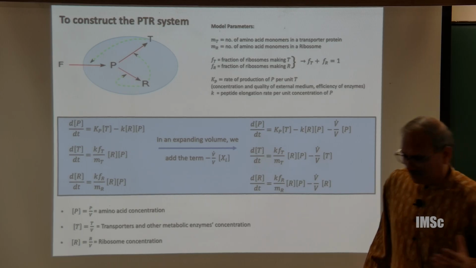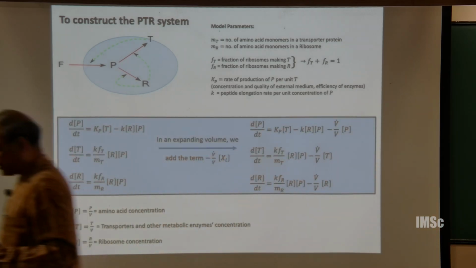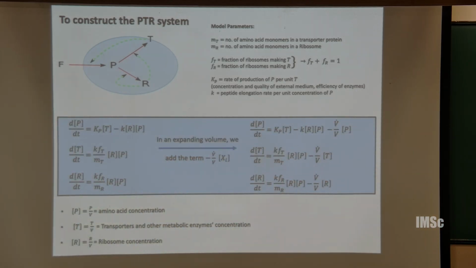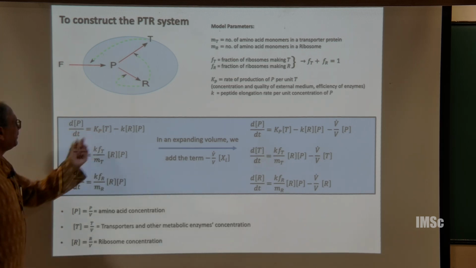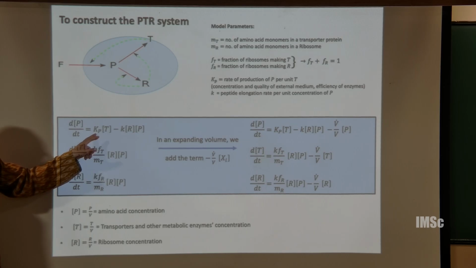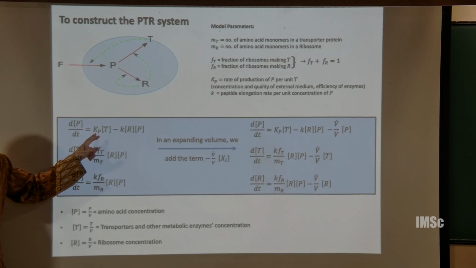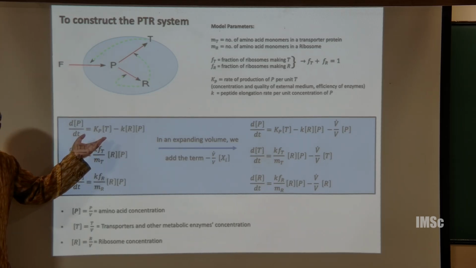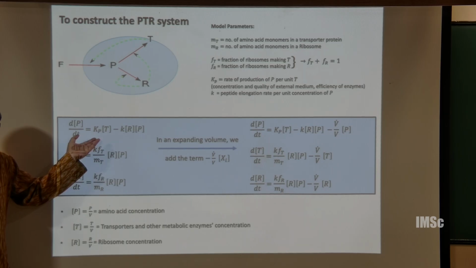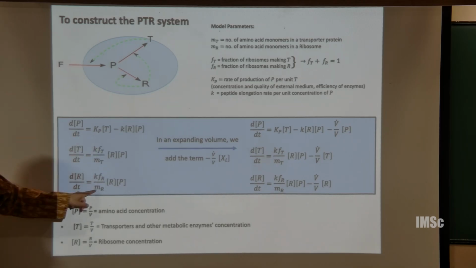Basically if I make the medium richer, then this Kp is going to increase. And if I improve the enzymes, improve the efficiency of the enzymes, that's what it'll do. Okay, but per se, it does not depend upon these numbers.